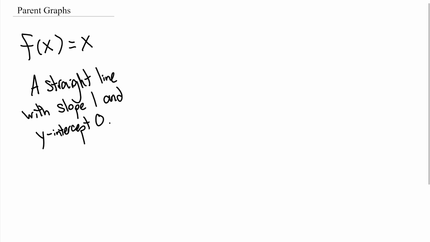If you remember the y equals mx plus b form of lines, the m on this would be 1 and the b would be 0. So we can change this line by altering the slope or the y-intercept. But in its most basic form, it is just f of x equals x. So this is what we call the parent graph.